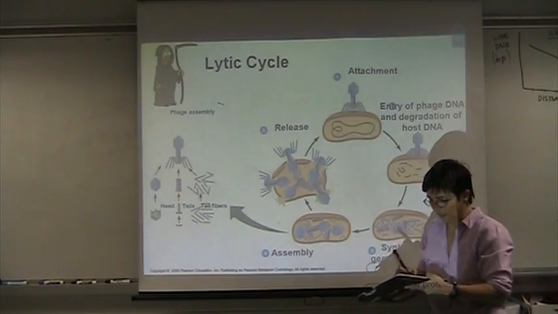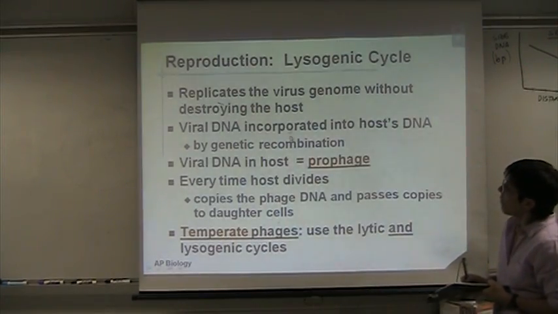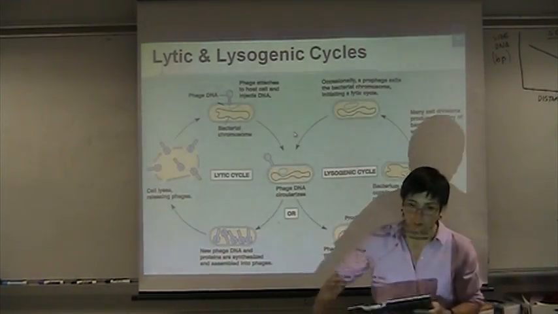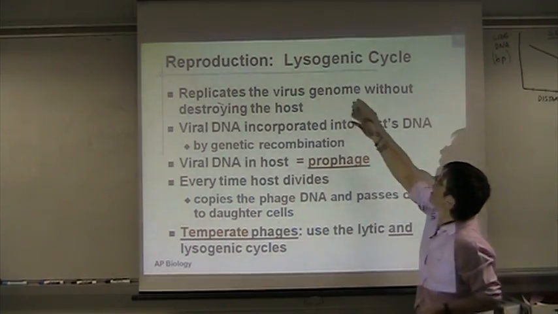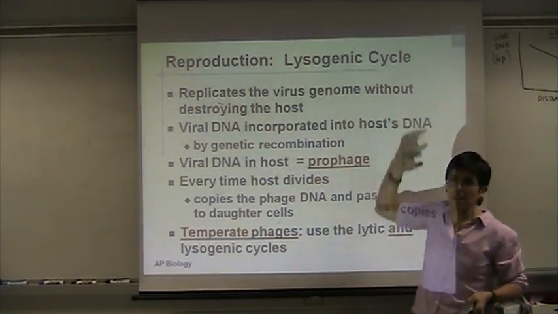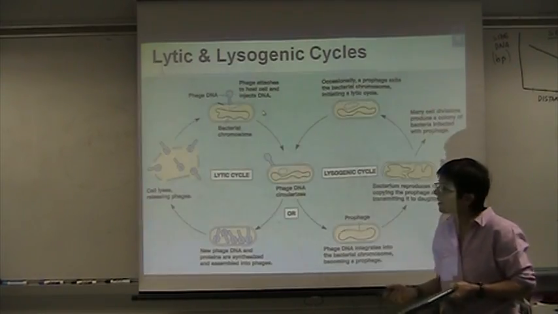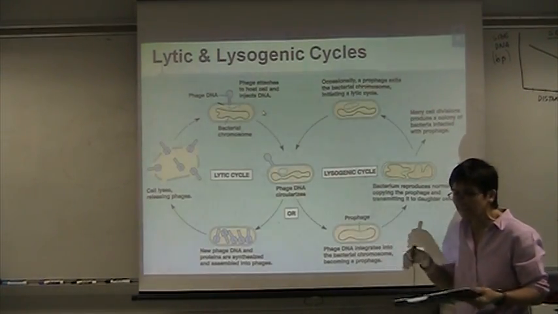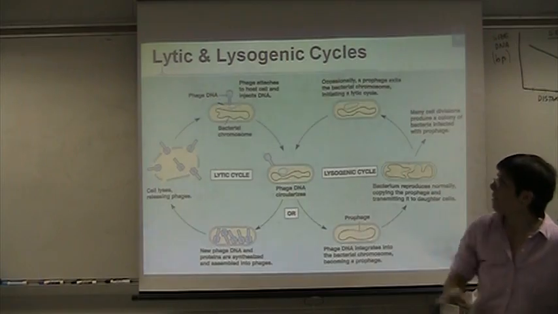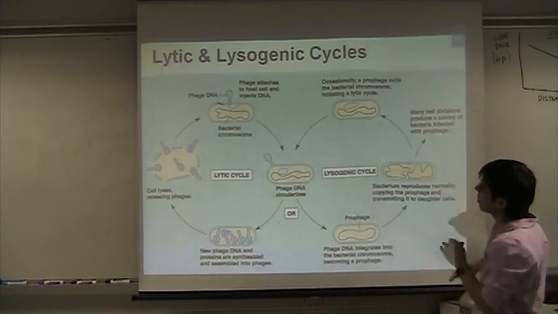Basically, they die. Now, in contrast to the lytic cycle, you have what is called the lysogenic cycle. Here, instead of killing the cell, they do something that I find very creepy, really. And the best way to do it is looking at a picture.